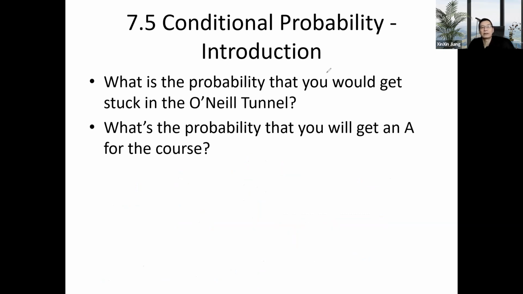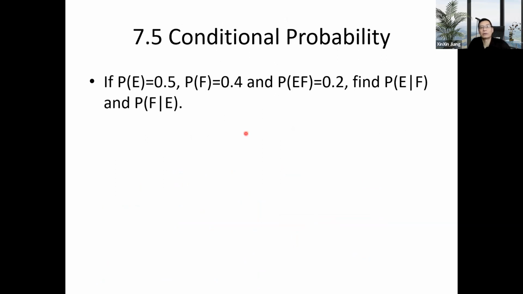Okay, let's have a look at an example. This example doesn't have a specific meaning. It's just playing with the definition. So I tell you the probability of E is 0.5, probability of F is 0.4. I dislike this number for some reason.